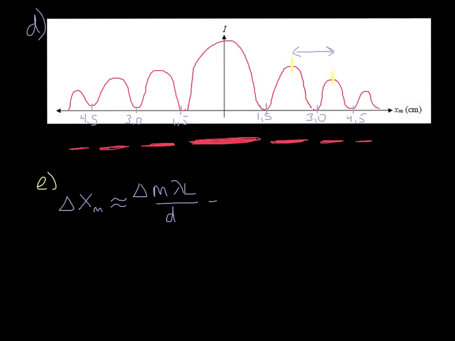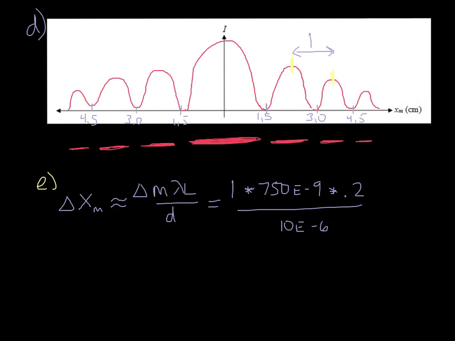So this will be equal to the delta m, which is 1, the distance between the orders is 1, times the lambda, which is 750 times 10 to the negative 9, times the L, which was 0.2, divided by d, which is 10 times 10 to the negative 6, 10 micrometers.